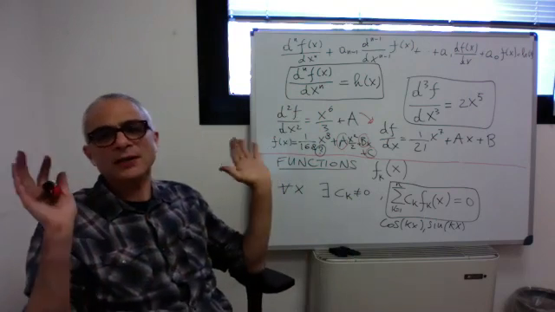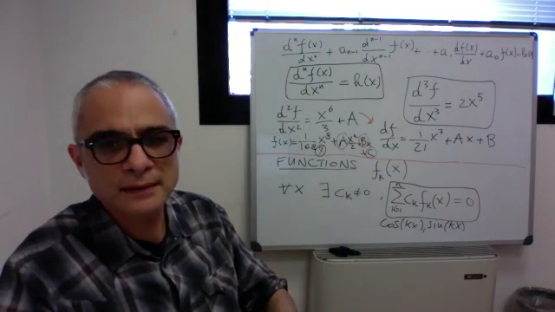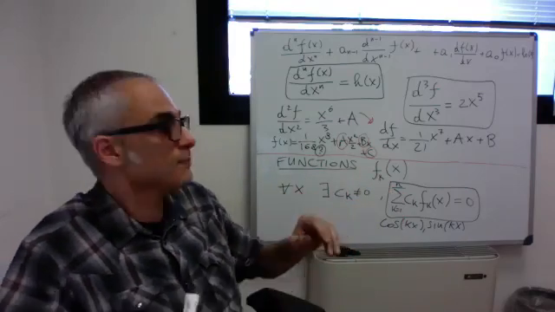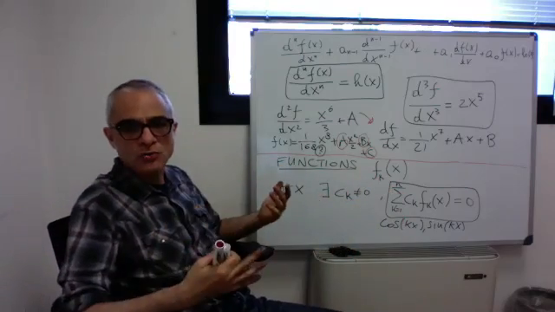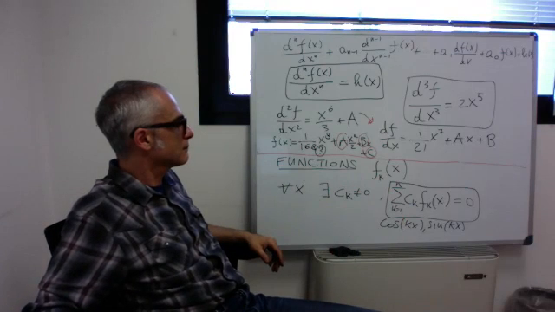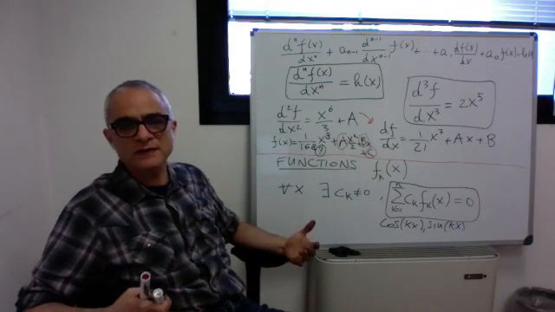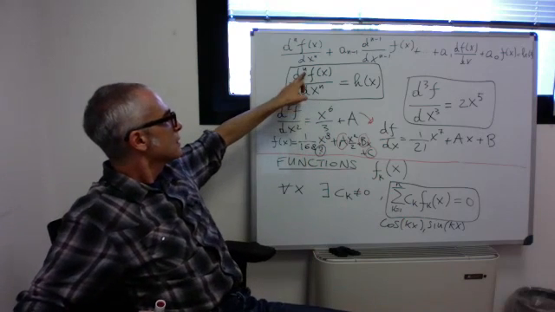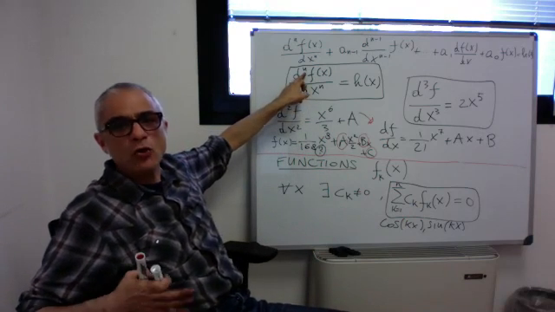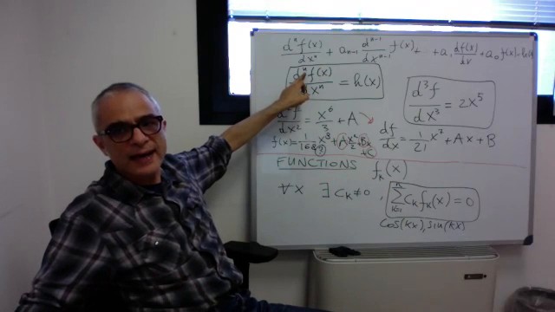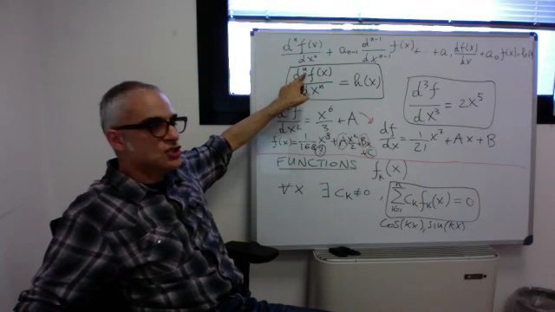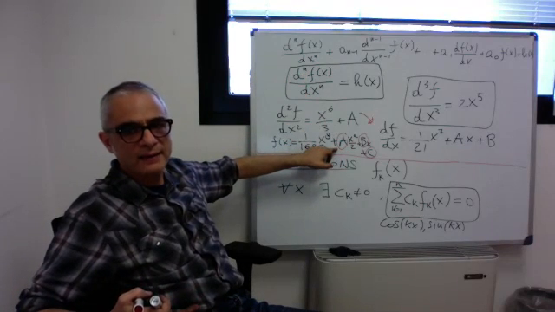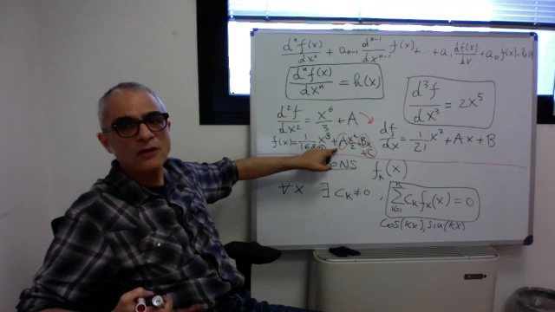This is not a rigorous proof, but it's a relatively simple exercise to show you an example of what turns out to be always the case. If you have a linear ODE of order n, its general solution will contain n arbitrary constants.